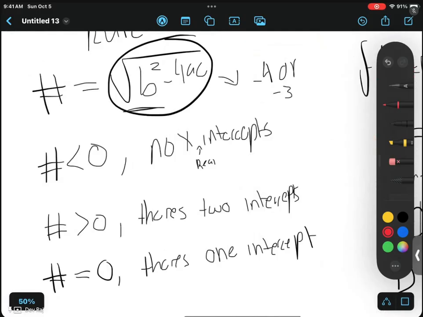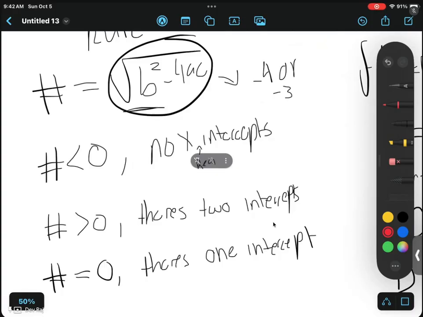When it is less than 0, there's no real x-intercepts. When it's greater than 0, there's 2 x-intercepts. And when it's equal to 0, there's only 1 intercept. Are you clear on that?